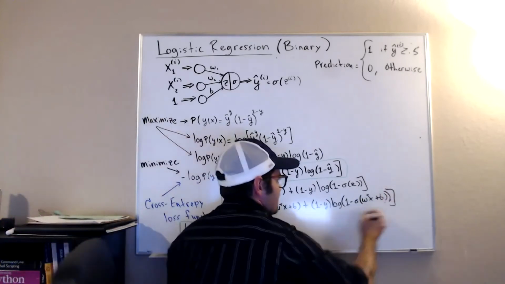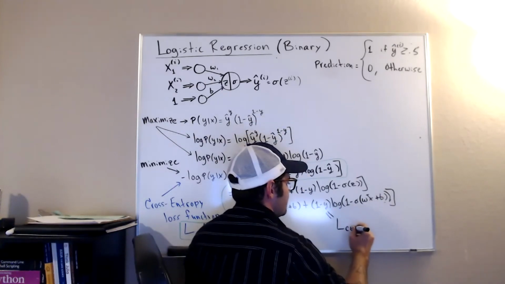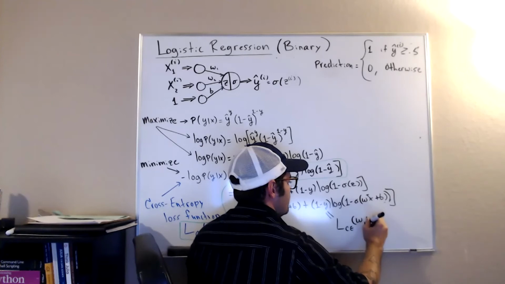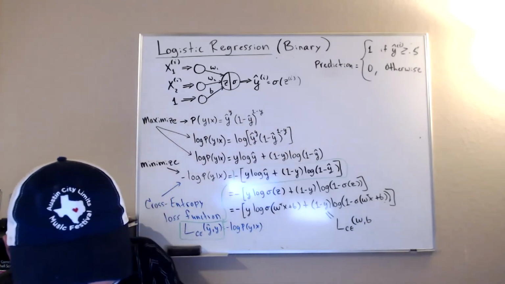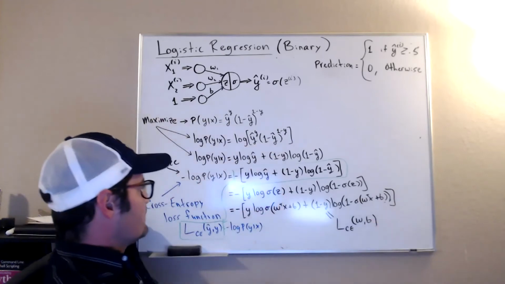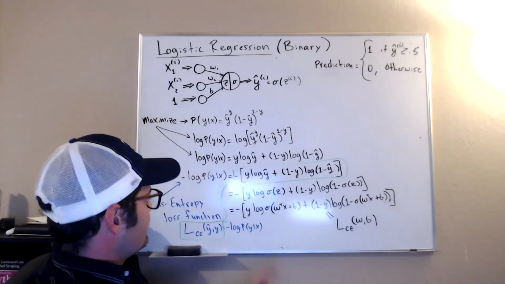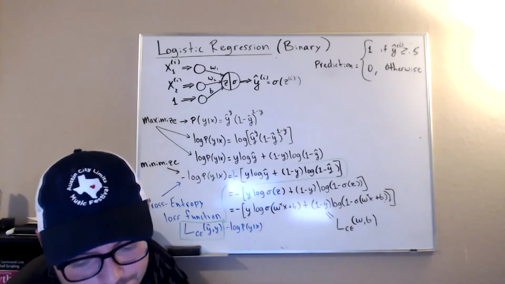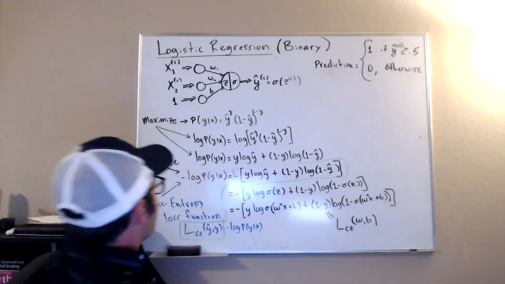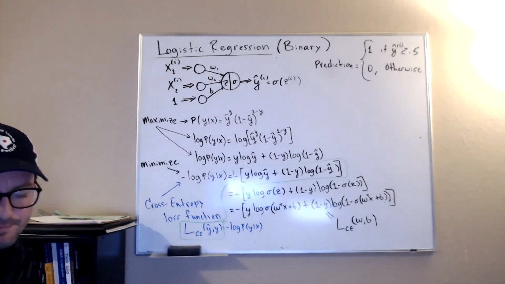So this here is going to be the loss, but now the cross entropy in terms of W and B. Now we can write this in terms of W, B, and that's the thing that we want to minimize. So take a minute to make sure you've written that down before I move on.